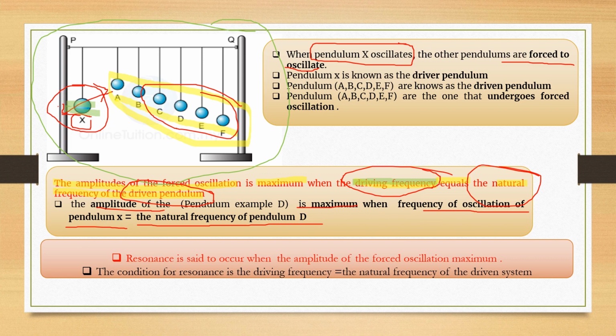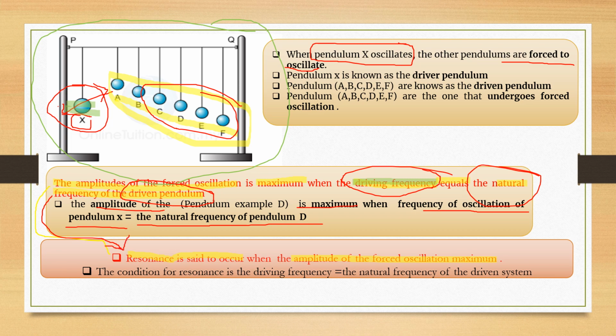All right. So the next concept is when resonance is said to occur. We say resonance is said to occur when the amplitude of the forced oscillation is maximum. So there's another thing you have to add in here: when the amplitude is maximum, resonance is said to occur.